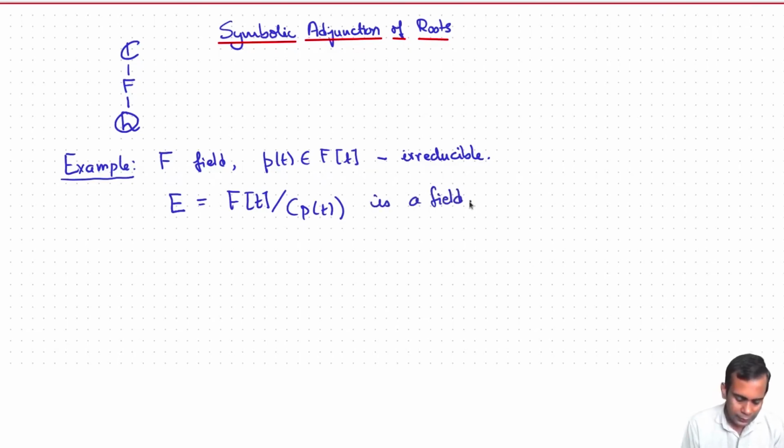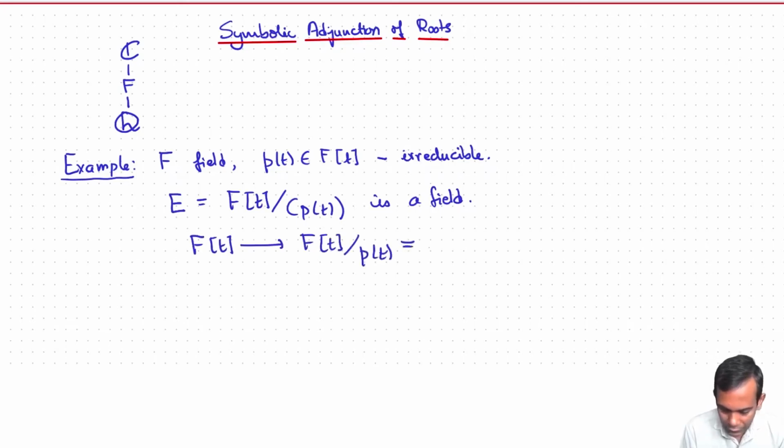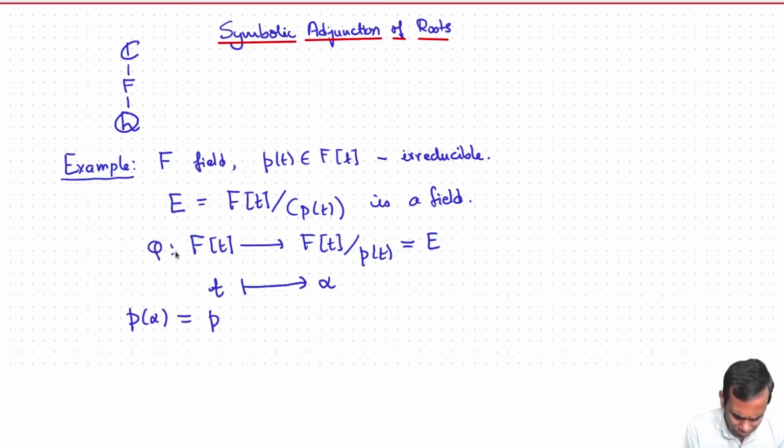And now in this field, let's see. So we have F[t], and this maps surjectively onto F[t] mod p(t), which is equal to E. So in here we have the element t, and we can look at its image in here, which we'll call alpha. Then what we have is that p(alpha) is the image of p(t). So let's call this map phi.